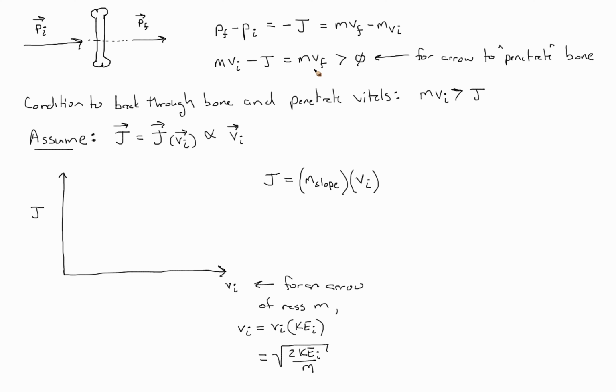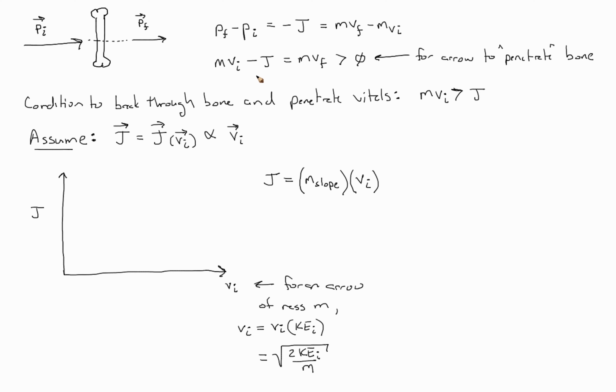So what is the condition that this happens, that the arrow actually gets through the bone and keeps going? The condition is that this value has to be greater than 0. If the velocity is 0, then that means it stopped. Or if the velocity is negative, that means it hit the bone and bounced backwards, and bounced out. So in order for penetration to have actually happened, we have to have that this PF term, mass times final velocity, has to be greater than 0.